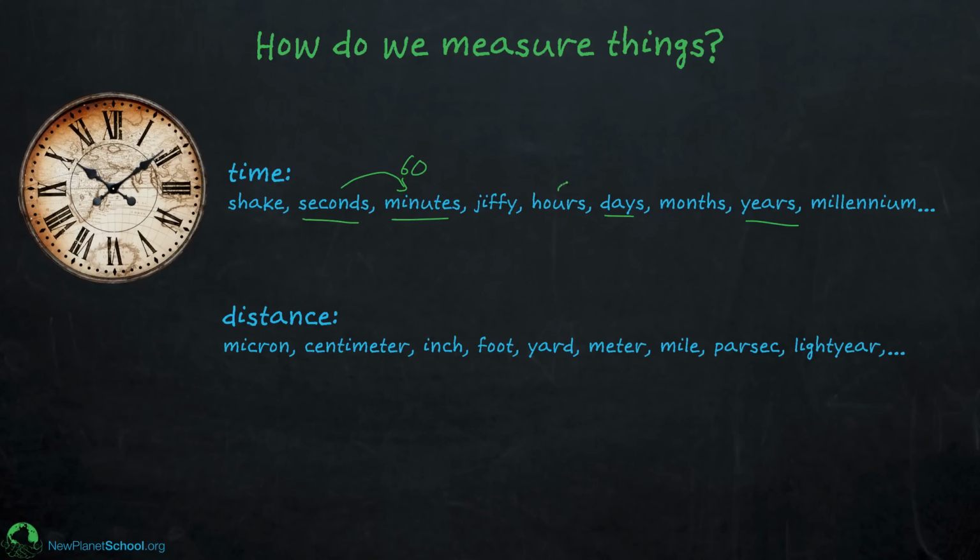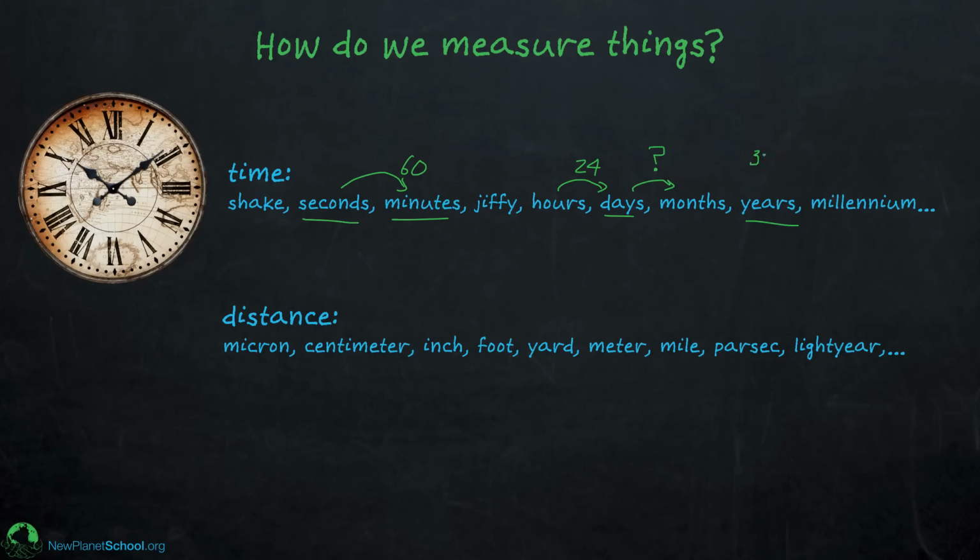Just like we have 24 hours in a day, and we can't really say how many days there are in a month because it changes. Years are a little bit tricky. Sometimes a year is defined as the time it takes a planet to go around a star. Well, that depends on the planet and the star.